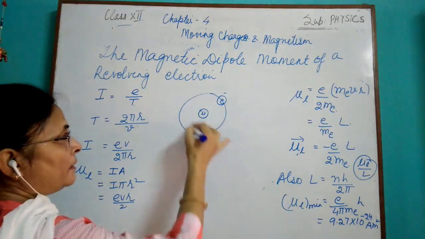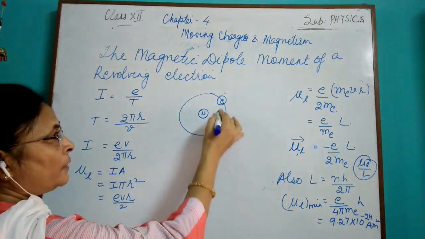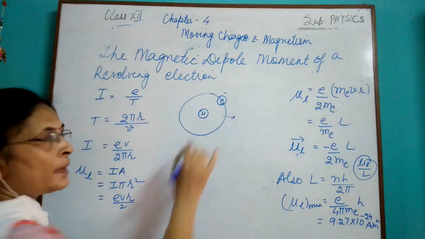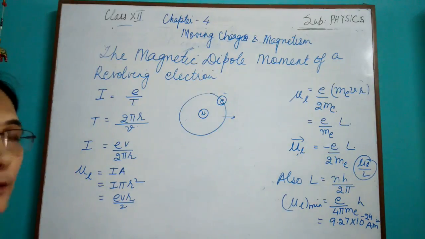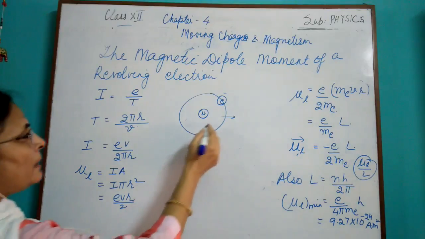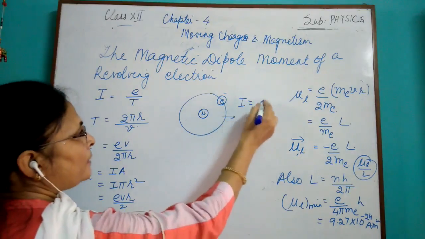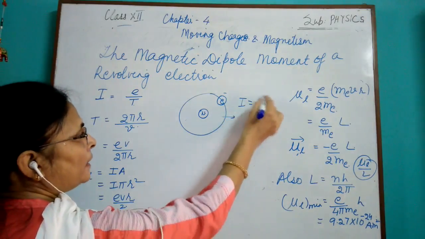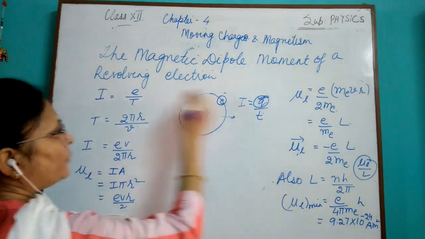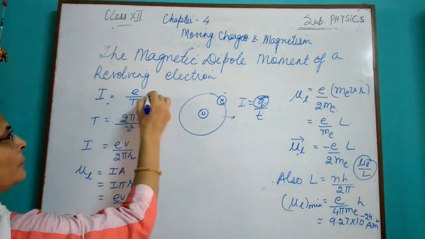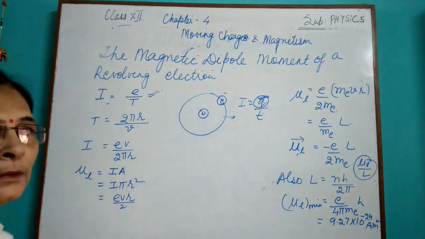If an electron is revolving around the nucleus, we can take the moving electron as a flow of current, that you already know. So I can be written as, I is given by Q upon t. Here the charge is on the electron, so we have taken I is equal to e upon t.